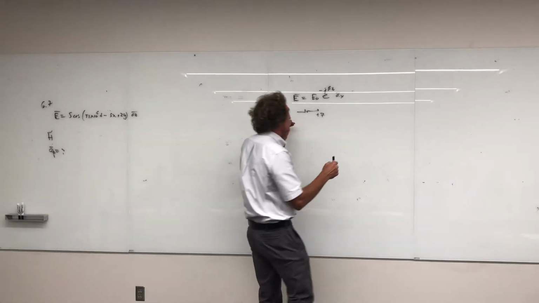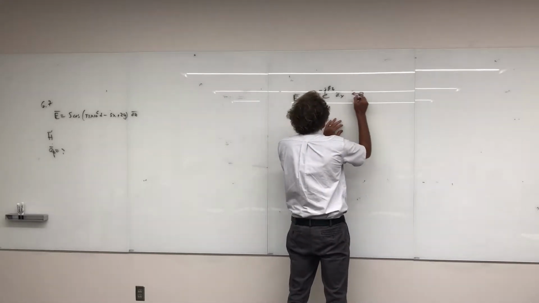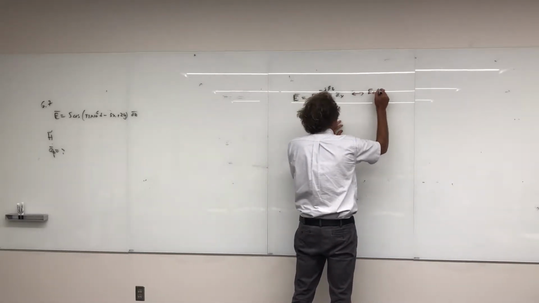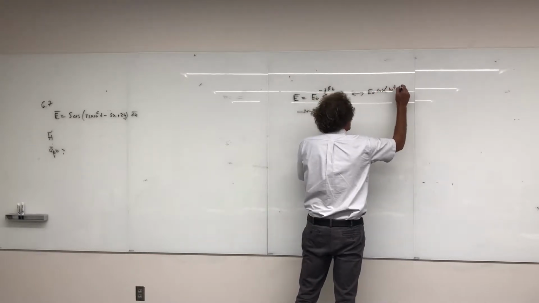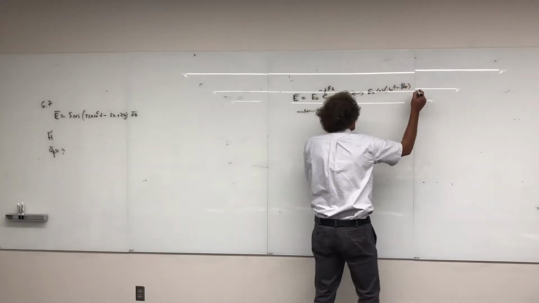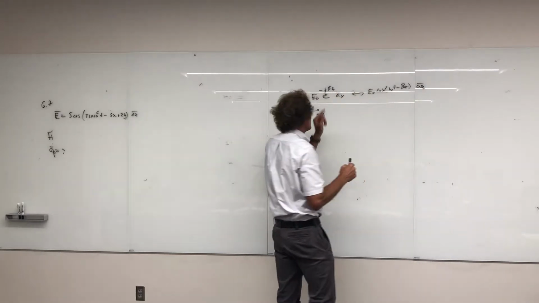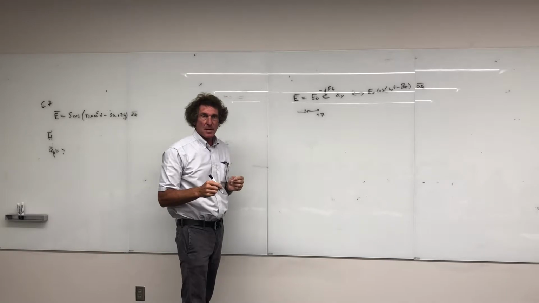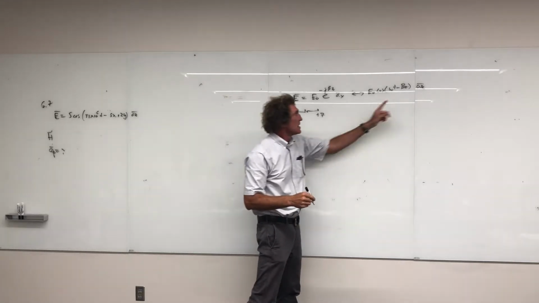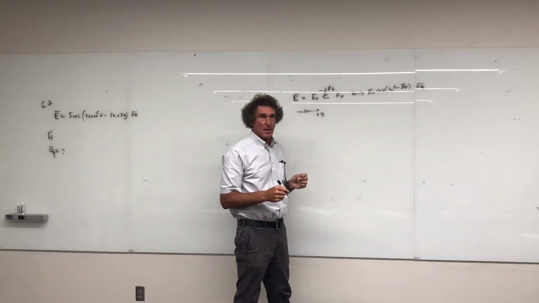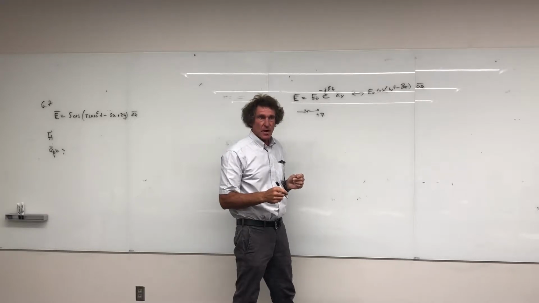The temporal form of this would be the same E naught, and then a cosine of omega t minus beta z, in the AX direction as well. Everybody follow me? That's time, that's phasor. You'll notice the variation is in Z only, right? It doesn't have an X and Y variation.